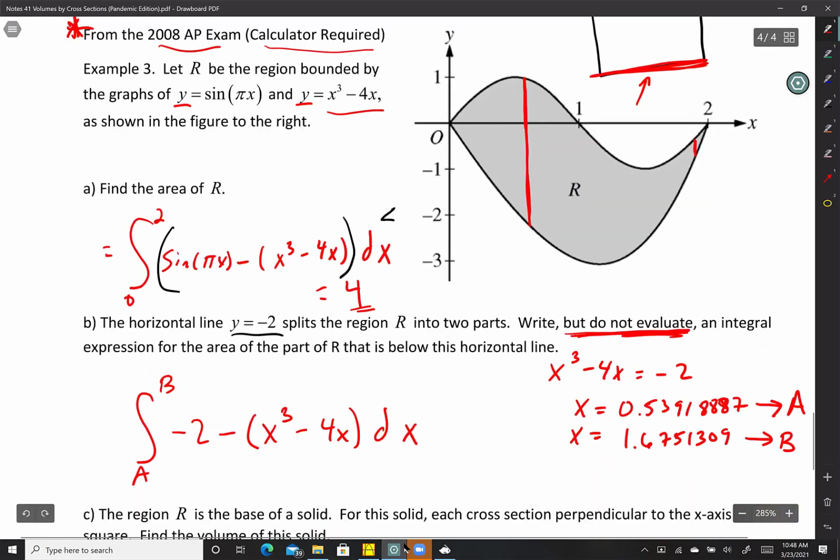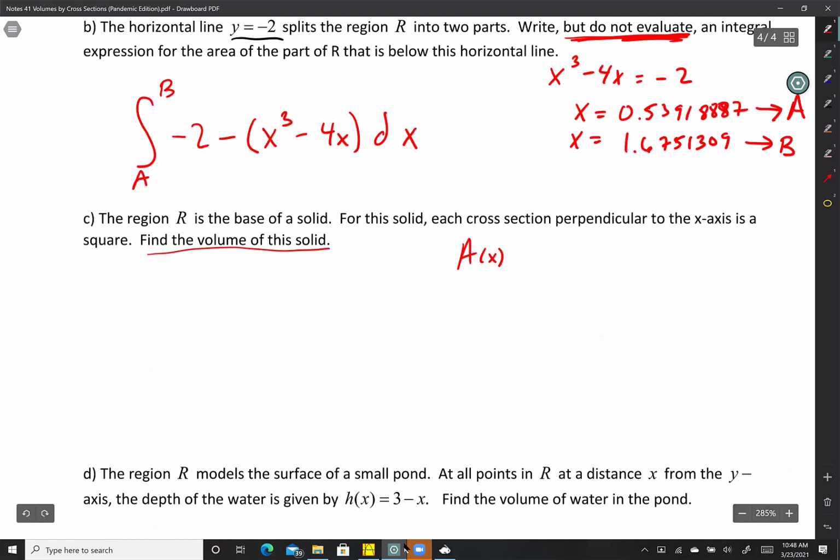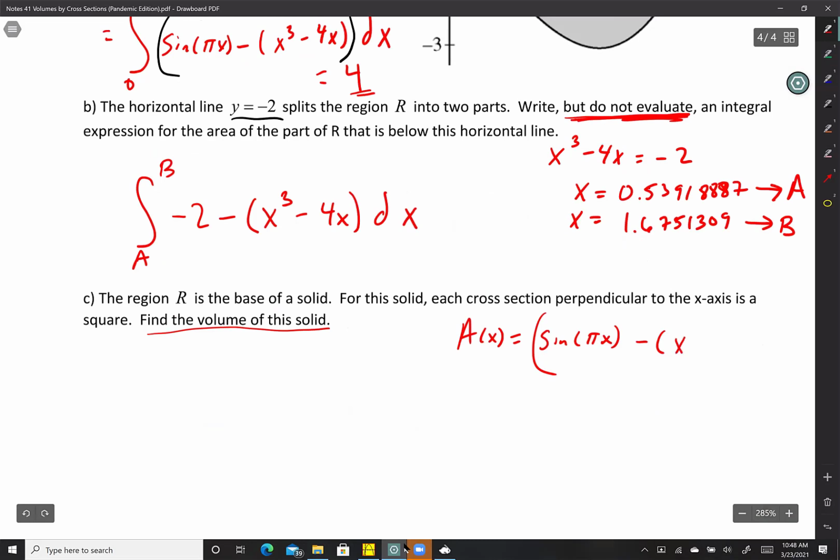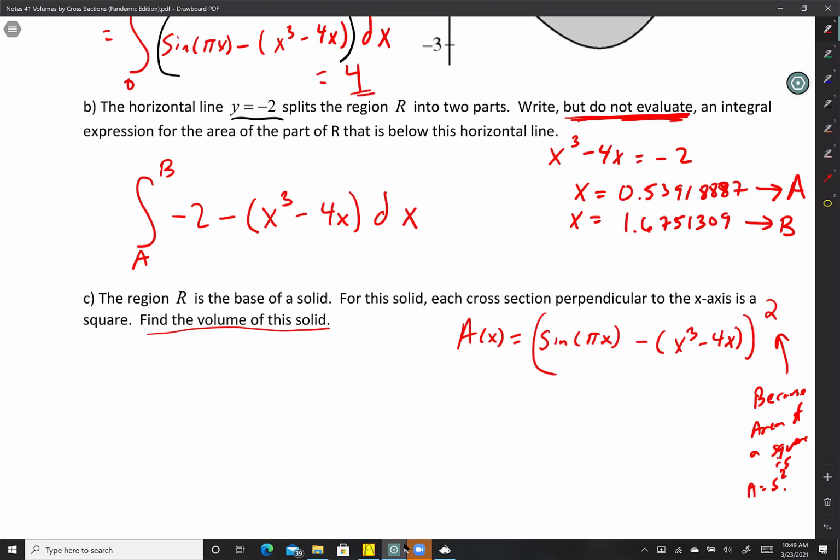So I'm going to write A of x for my expression is sine pi x, giant parenthesis, minus little parenthesis, x cubed minus 4x. Close, close, and I put a square, because area of a square is s squared. I'm putting that for good notes. Do not write that on the actual AP exam.